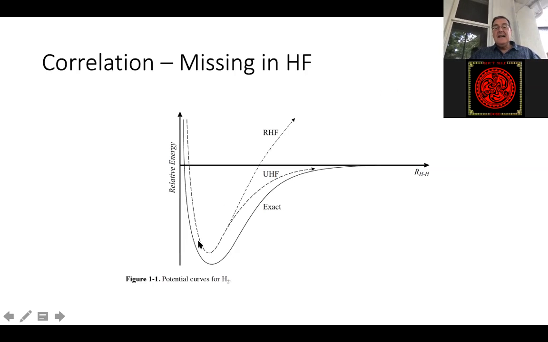But the second thing it does is its energy is too high here, because even when H2 is at its equilibrium bond length, the fact that the electrons don't stay out of each other's way raises the energy compared to the exact wave function. You'll notice here that the RHF equilibrium geometry is shorter than the exact.